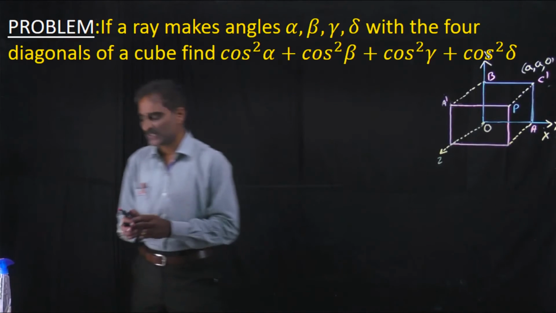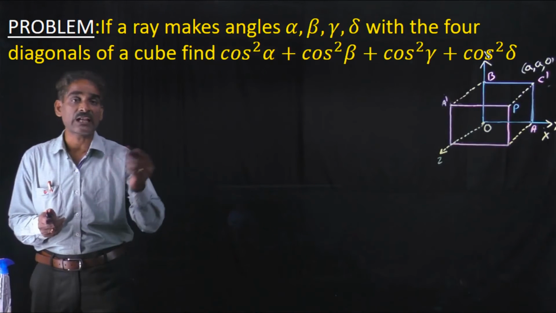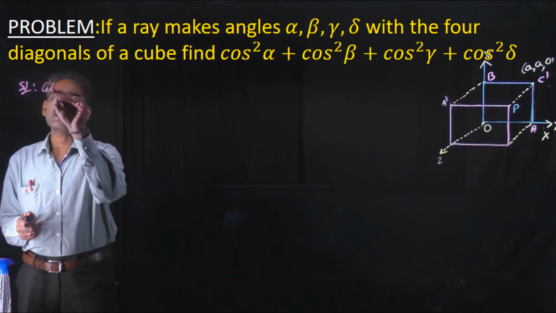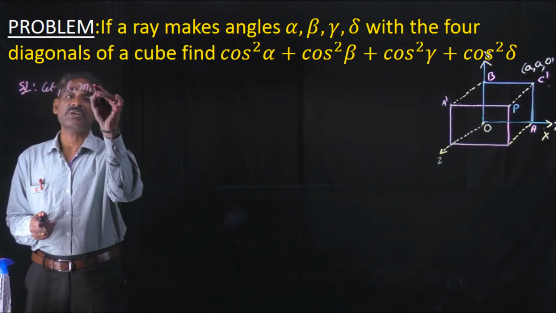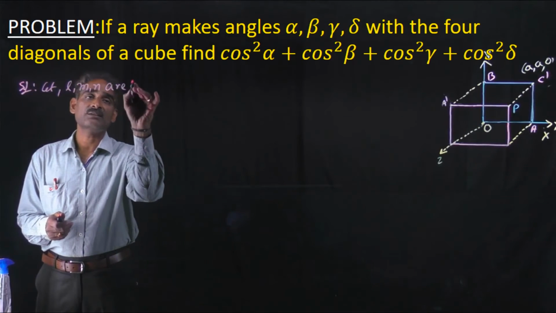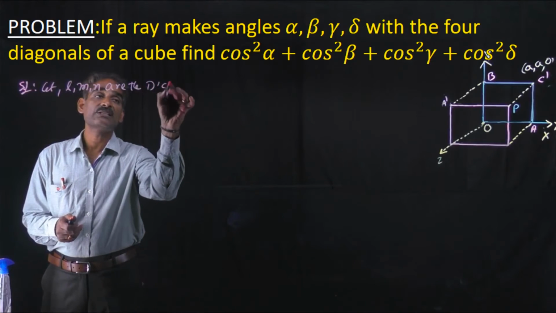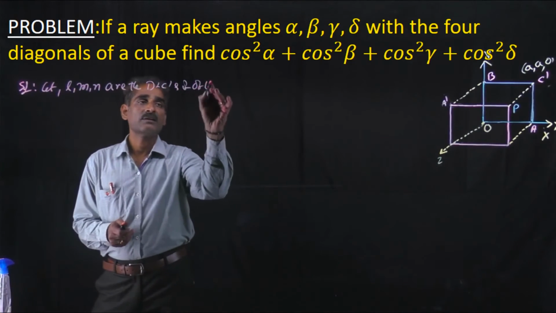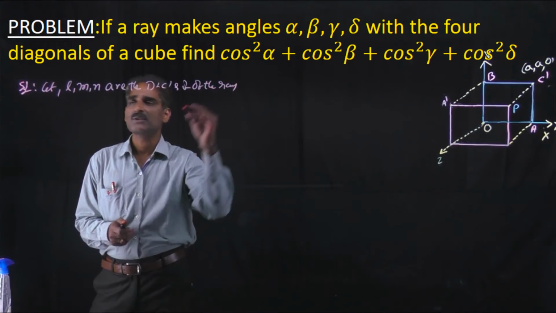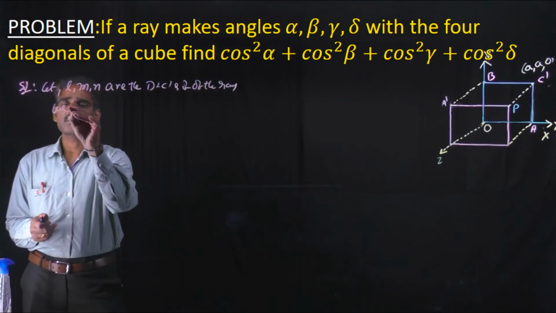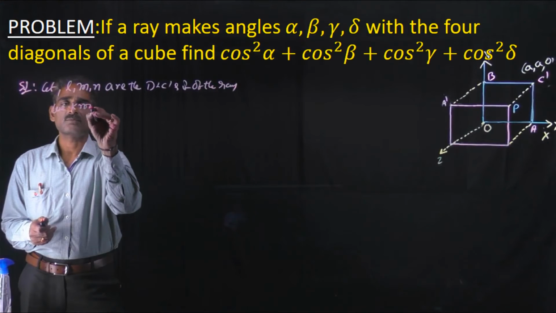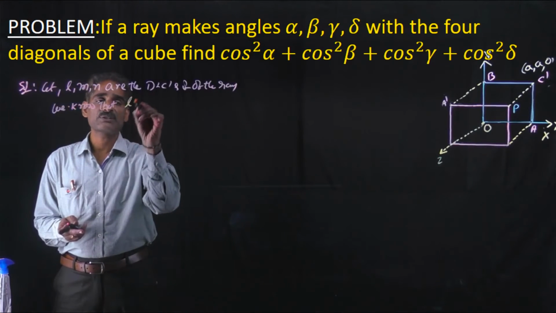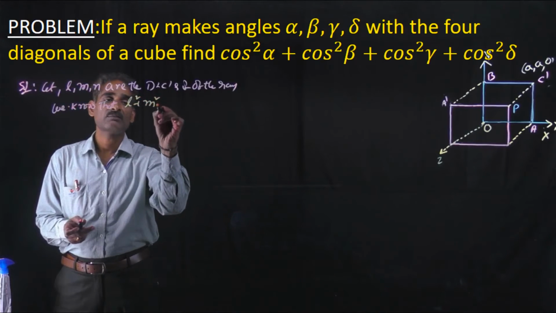So first of all, assume the DCs of the ray be L, M, N. So the solution is: let L, M, N be the DCs of the ray. So we know that L square plus M square plus N square is equal to 1.